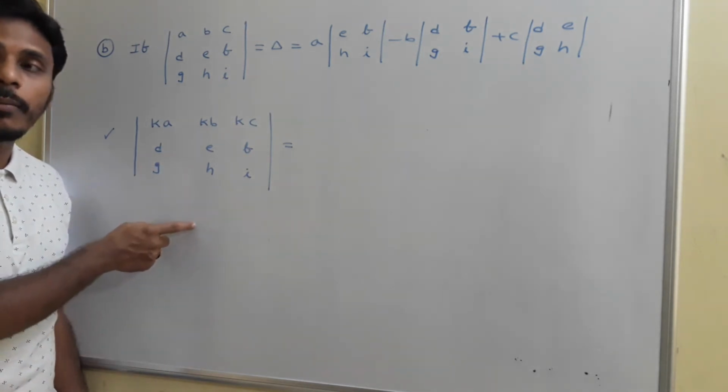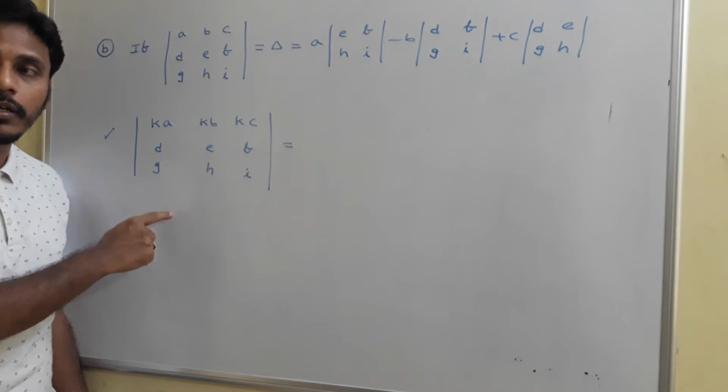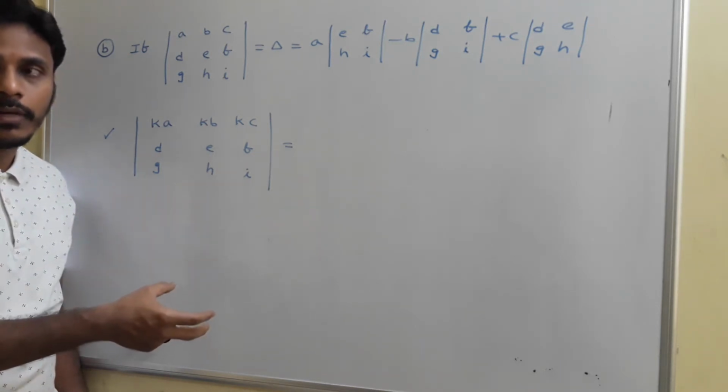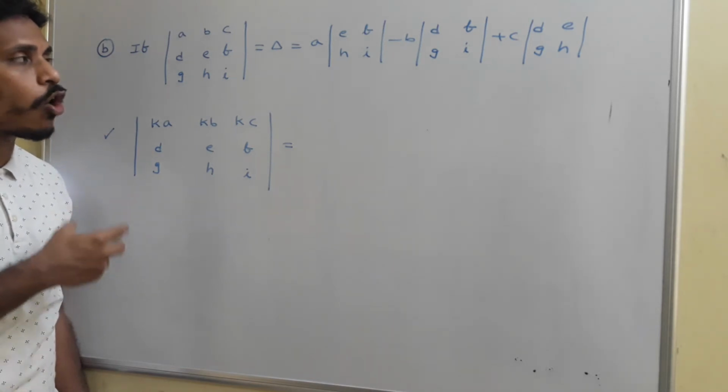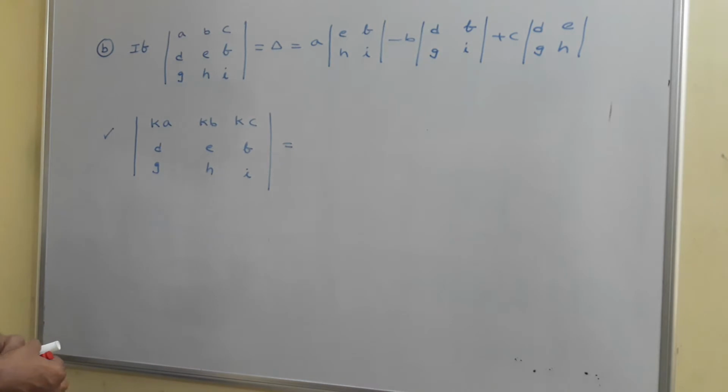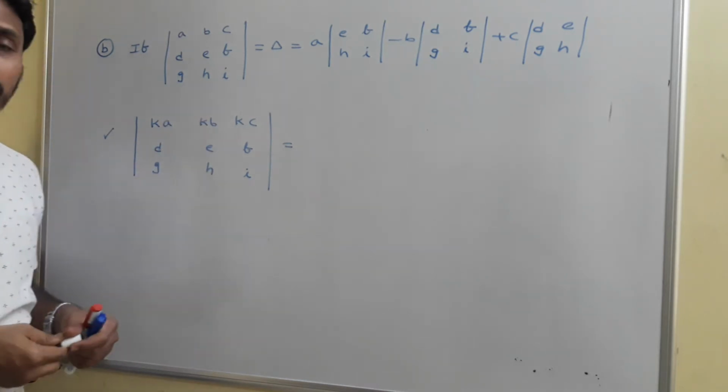In that sense, multiplying one row with a constant, we need to analyze how its determinant value is affected. Since it is KA, KB, KC, DEF, GHI, it is very easy to find its determinant.